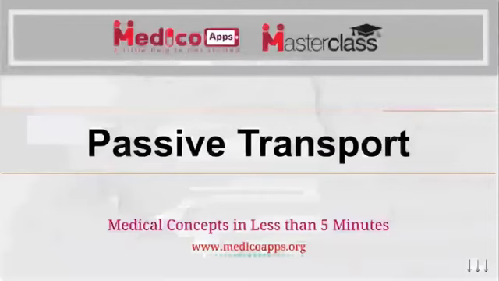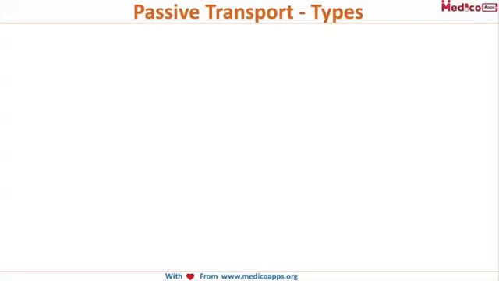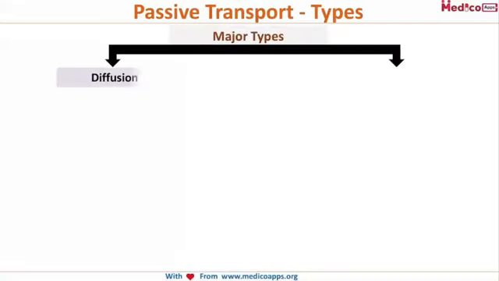Now, we will concentrate mainly upon passive transport. It is broadly divided into diffusion and osmosis. Passive transport is of two main types, diffusion and osmosis.